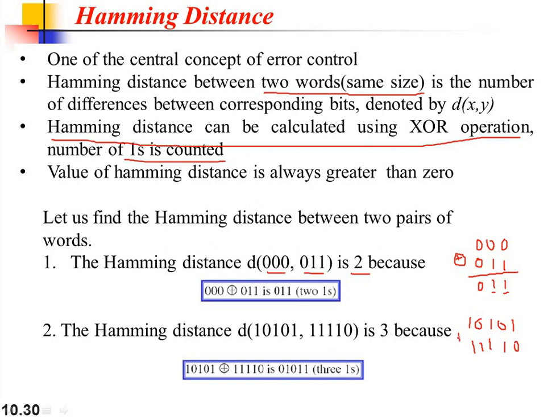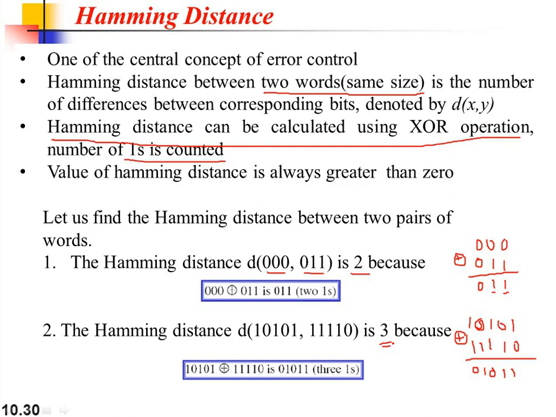Now you simply XOR it, this is the symbol for XOR. 1 1 is 0, 0 1 is 1, 1 1 is 0, 0 1 is 1, 1 0 is 1. How many ones are there? So 3. So the distance between these 2 code words is 3.